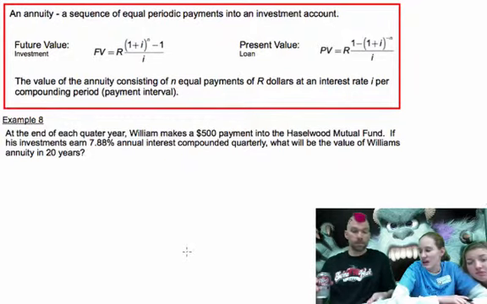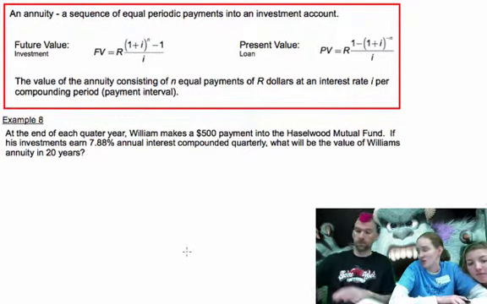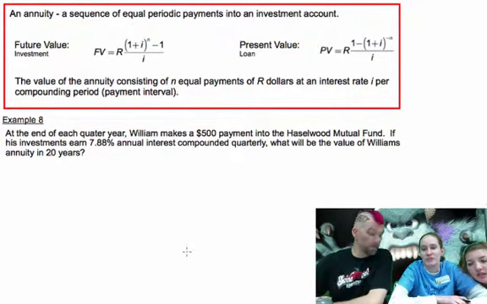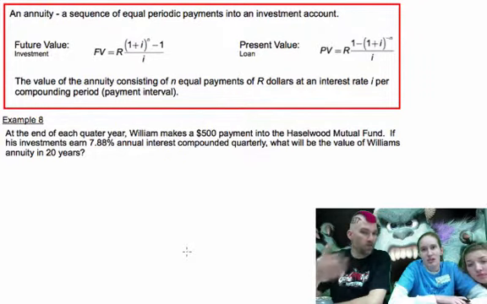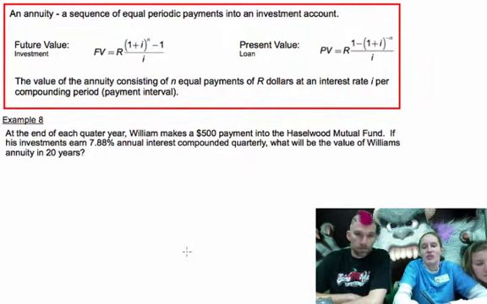And when you do that, the earlier you start, the better you'll be. Because eventually the interest you're getting each month could be enough to live off of, not immediately, but 30, 40 years down the line. So that's for future value investment, where R is the payment you're making each month.